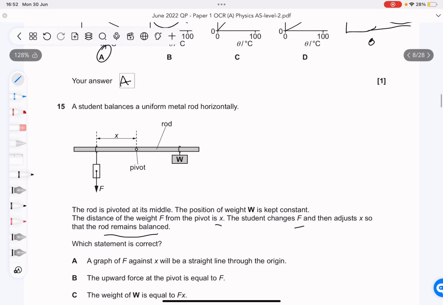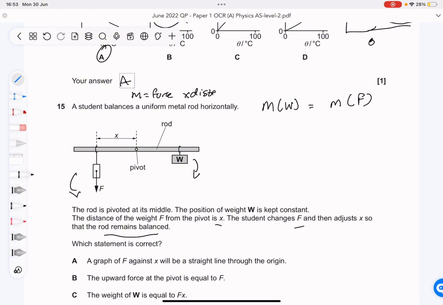We know for this rod to be balanced, the moment due to the weight has to be equal to the moment due to F. Moment equals force times distance. Therefore, the moment due to the weight has to be equal to F times x, which is the distance in this case.